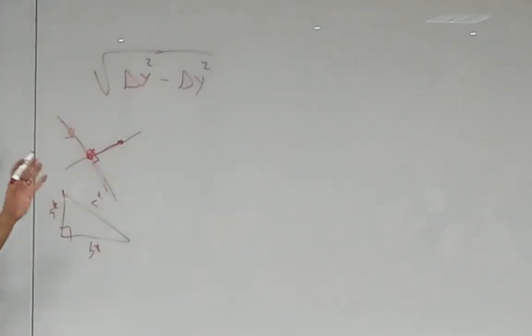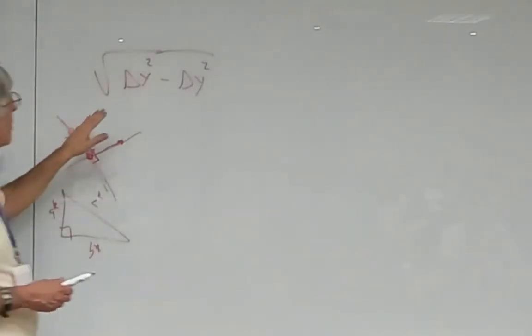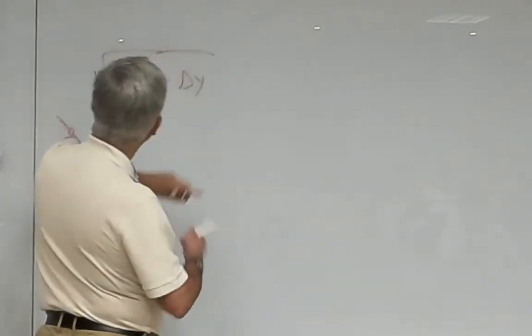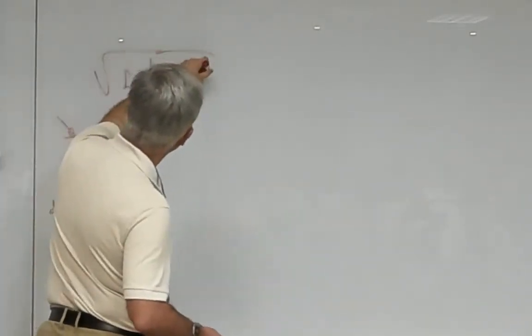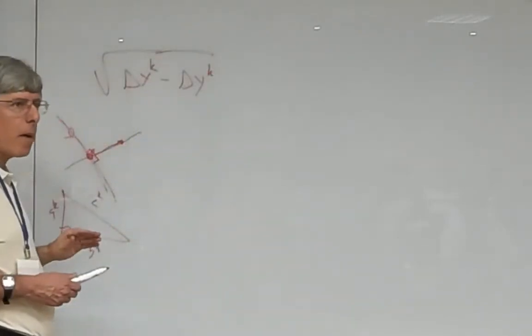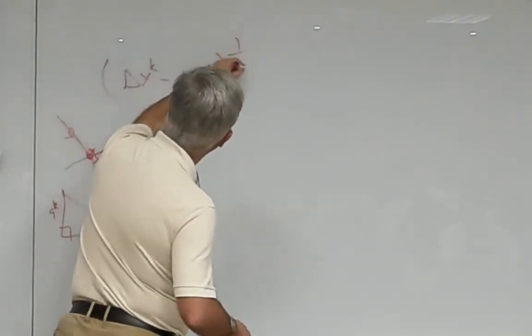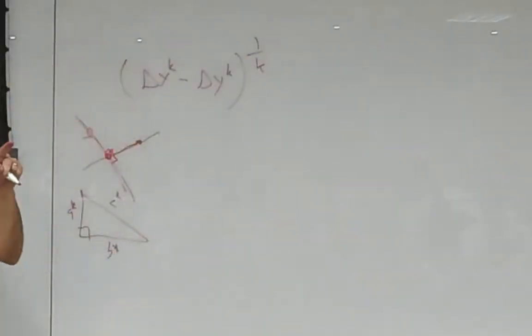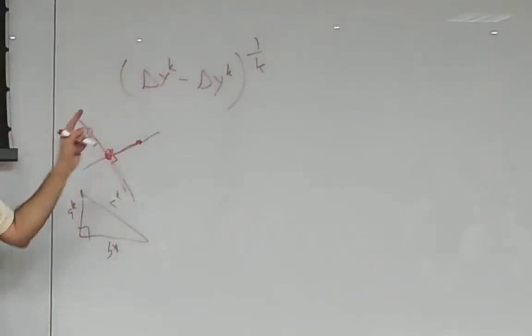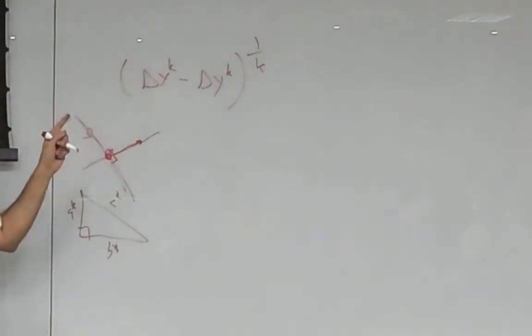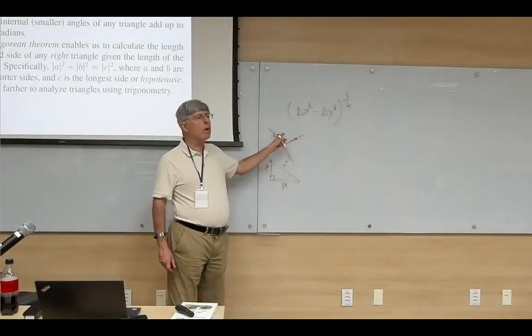Now, there's a more general class of distance metrics where we replace the square by a k, raise each difference to the kth power, and raise the sum to the 1 over kth power. This is a distance metric in the sense that it has all the same properties of distance that we like. This is more general.